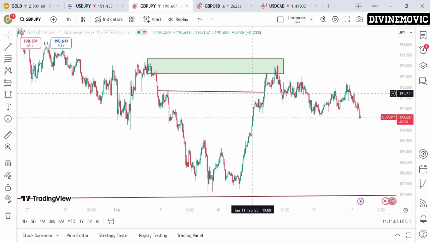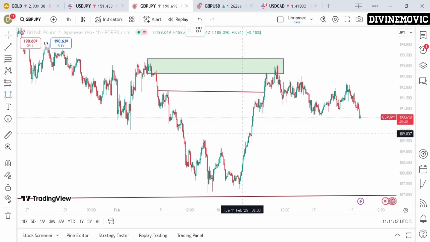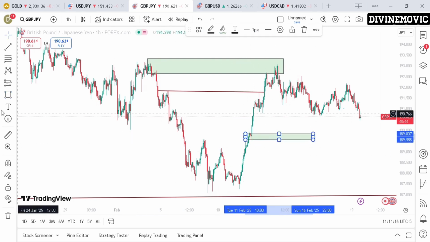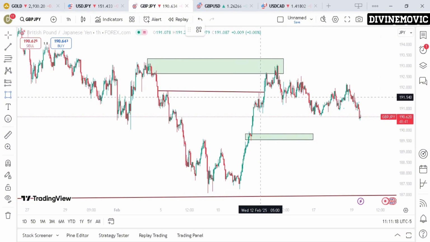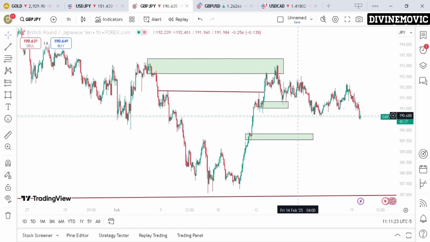Now, if you look closely, when price was moving from this low to this high, price was giving us demand zones. In this case, here is the demand zone, and here is also a demand zone, right? If price fails this first demand zone, we're expecting price to go to the next demand zone.